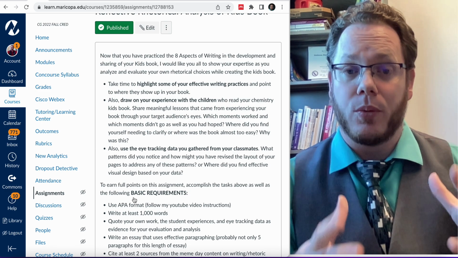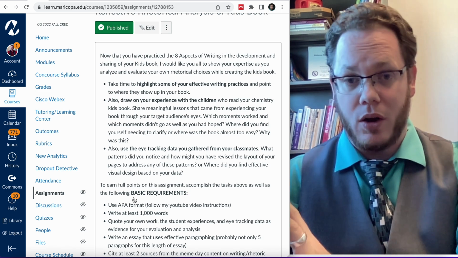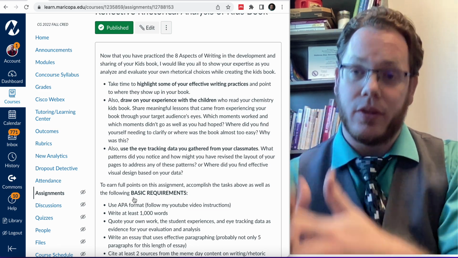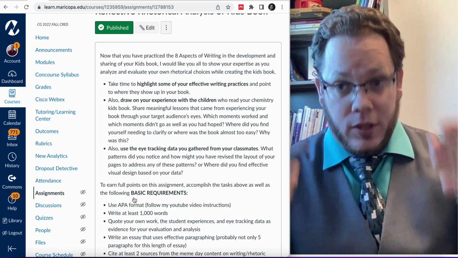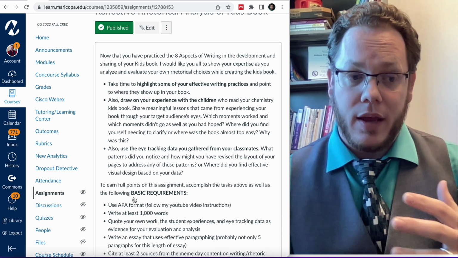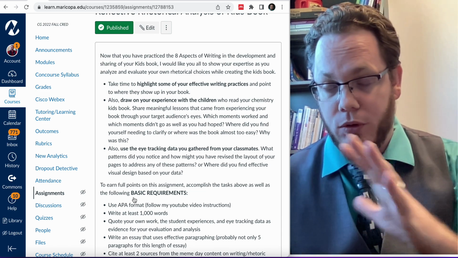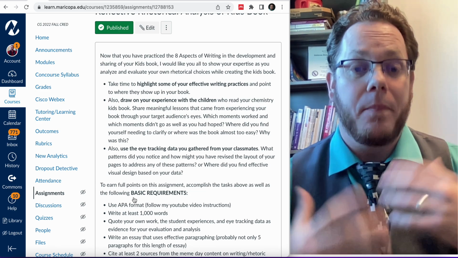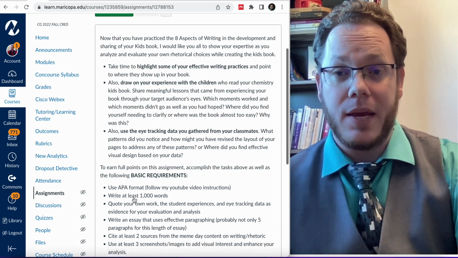Otherwise, we'll do the eye tracking software hopefully in the next week, and you can use that as another data point to evaluate how effectively your visual design was done. So be thinking about those three key parts of this.